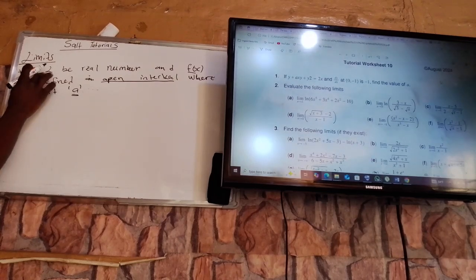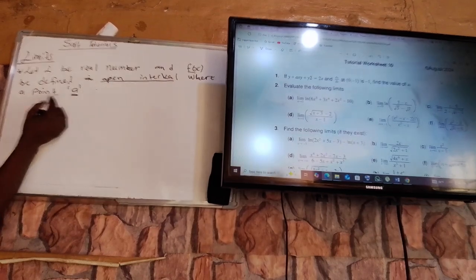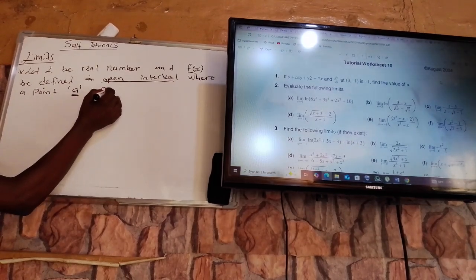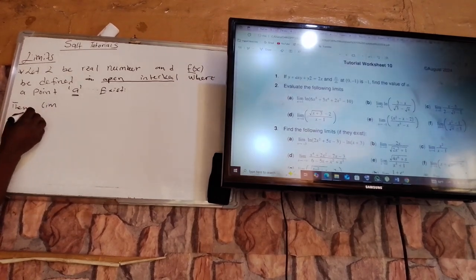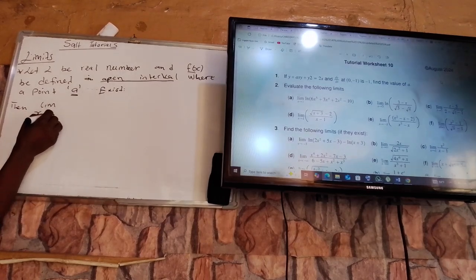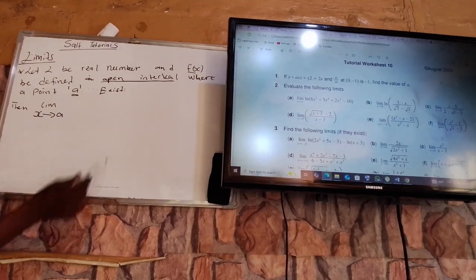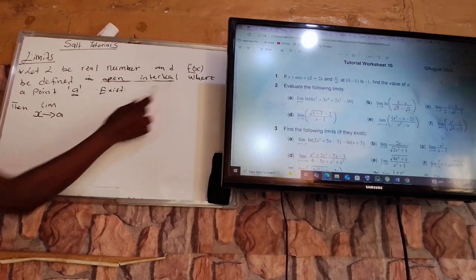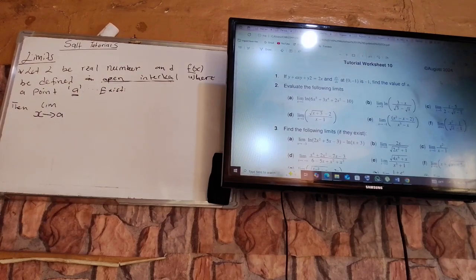So if I let L be a real number and f of x be defined in an open interval where point A exists, then we simply say that the limit as x approaches this point A. Remember, this point A is contained in a certain open interval, where f of x is defined.